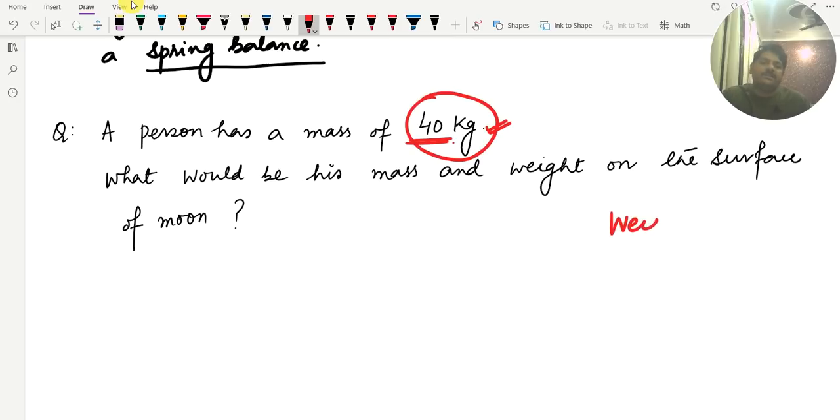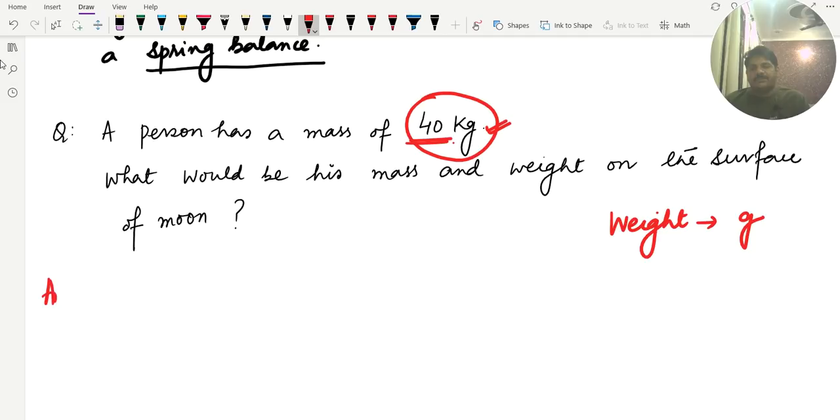Weight depends on small g. So if the value of small g changes, the weight of the body would change. Mass is a fixed quantity. So if you go to moon, or the surface of sun or Jupiter or any other heavenly object, wherever you wish to, the mass would remain same.